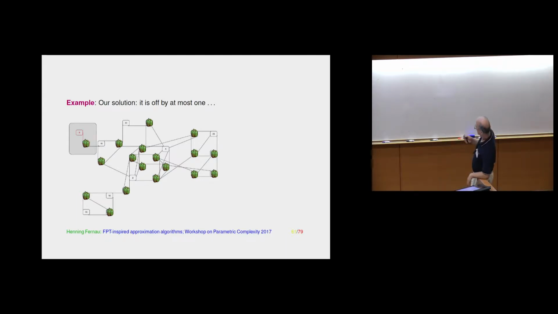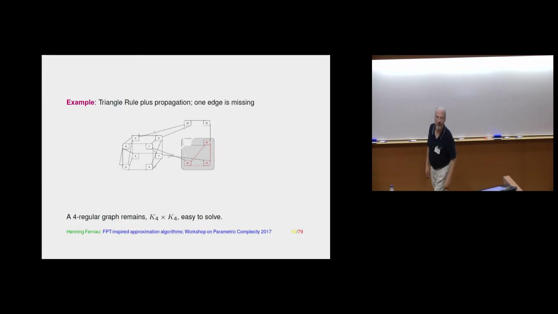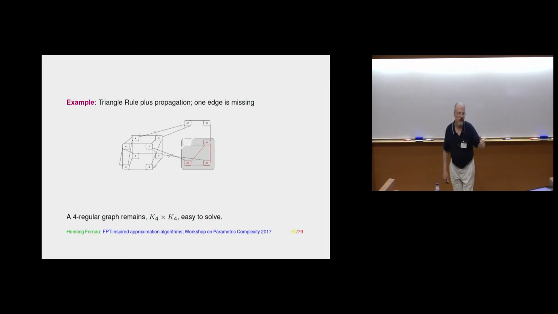So this triangle here, here we applied this kind of approximate rule. I must add here this one. If I take these 3 into the cover, then I only know that 2 of them must be there. So that's why I'm off by 1.